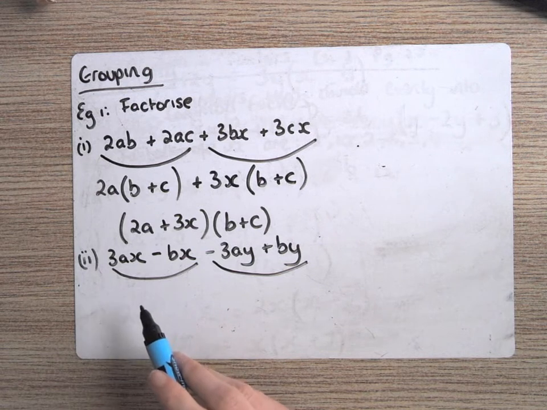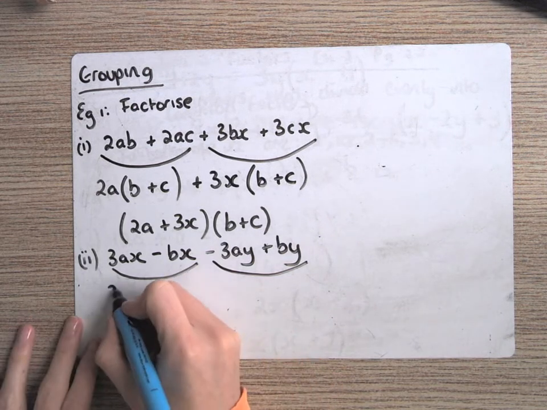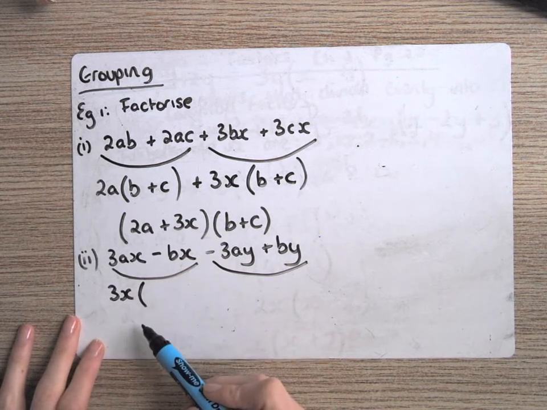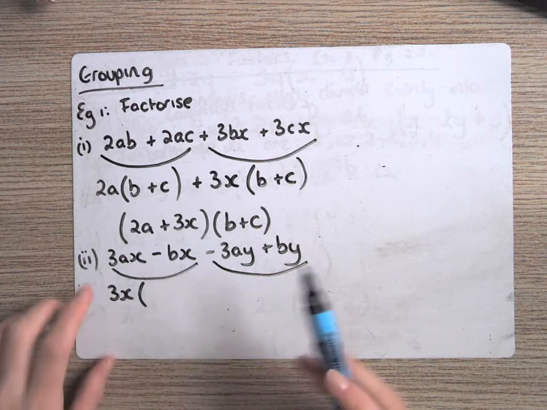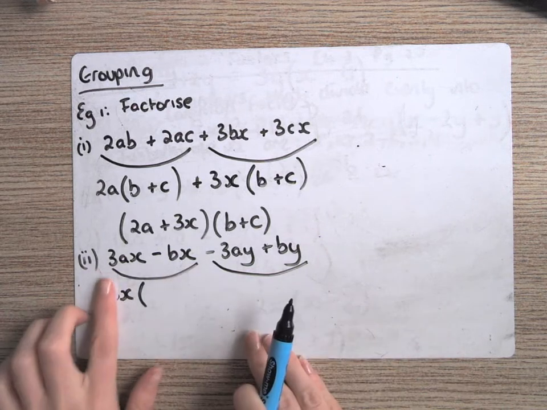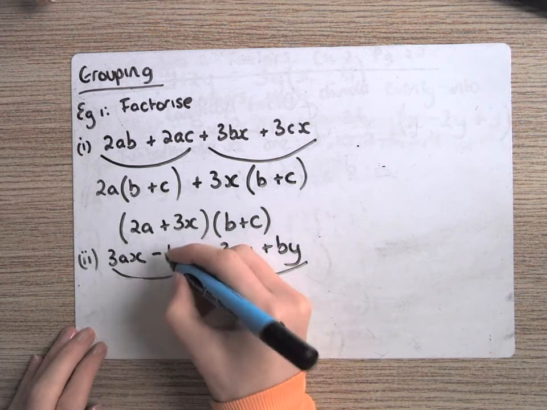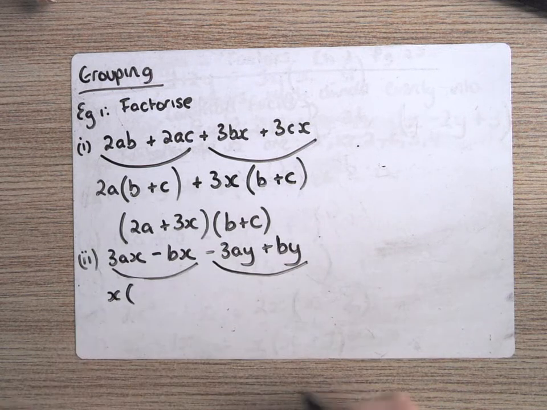What's common? 3x. There's a number, it's 3, and there's a letter, it's x. Lovely. So 3x is common. Oh, because that's a b. bx. So, oh, that's a b. I just said it myself. Sorry. X is common. That's a b, not a 6. Okay, x is common. If it was a 6, would it be 3? Yes. Are you okay?